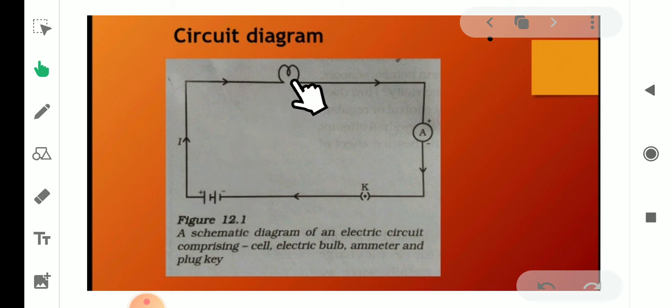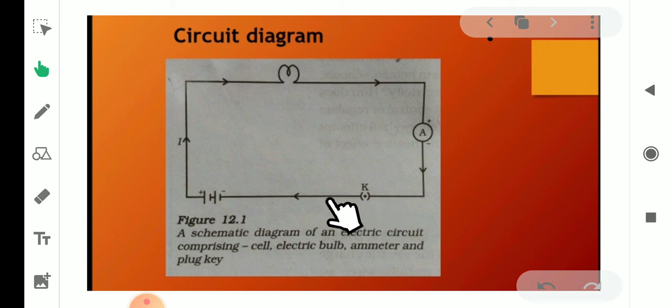The next symbol is that of a bulb. Next you can see the symbol of an ammeter. Next is the symbol of a key, whether open or closed. Inside there is a dot mark, which shows the continuous path of current, so it is a closed key.